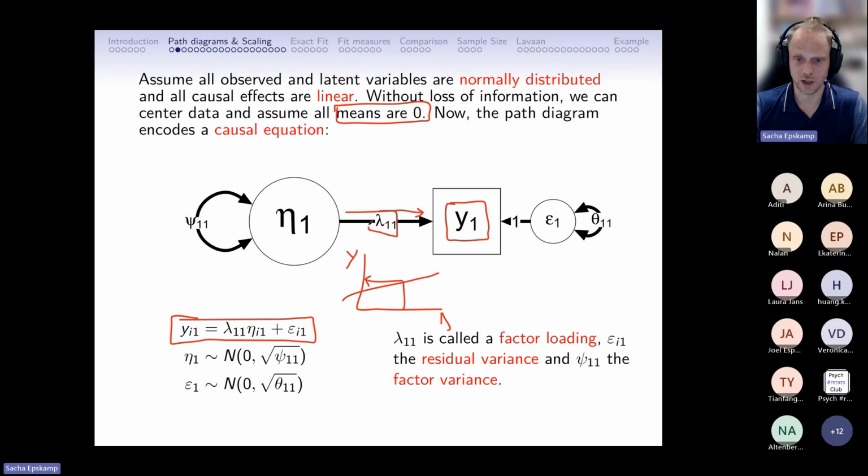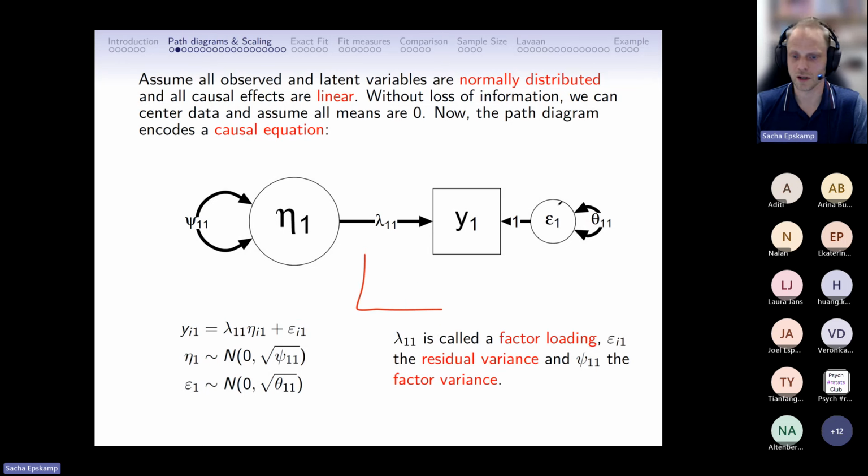We multiply the effect on the path times the variable. So we have here lambda times eta plus epsilon. And this is the variance of the latent variable, this is the variance of the residual. There's quite a lot of things happening here, quite a lot of Greek letters as well. So I'll take it one step at a time.